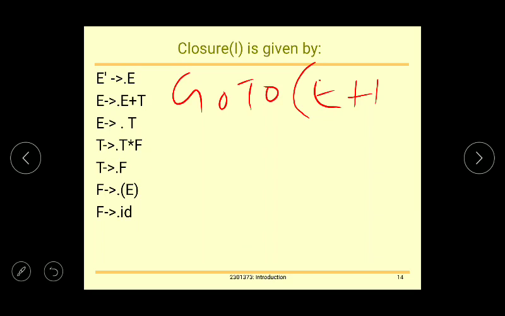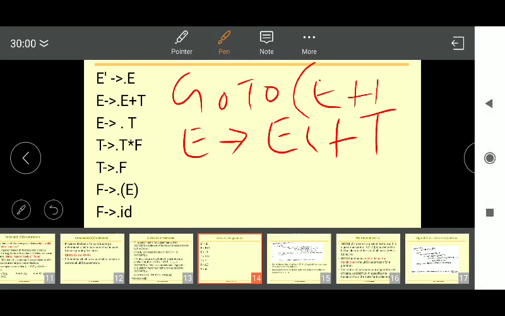After finding goto of this, you will get E gives E dot plus T. Initially we have the dot here; after goto, the dot will move one position towards the right.